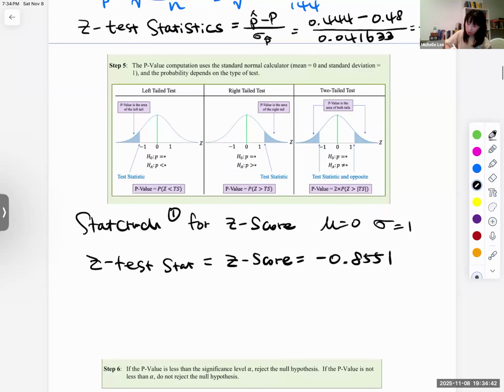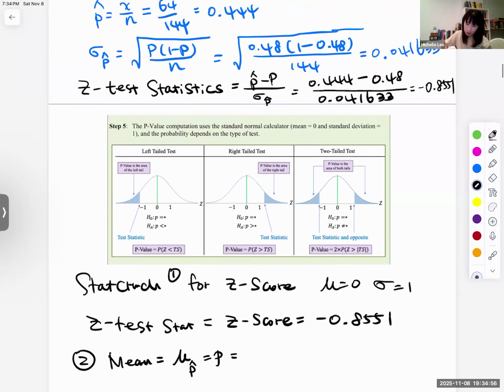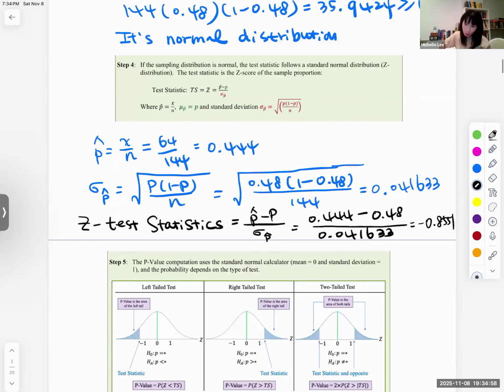Another way, how do you do it? The mean we use is mu sub p hat, that is p, right? In that case, p is 0.48.